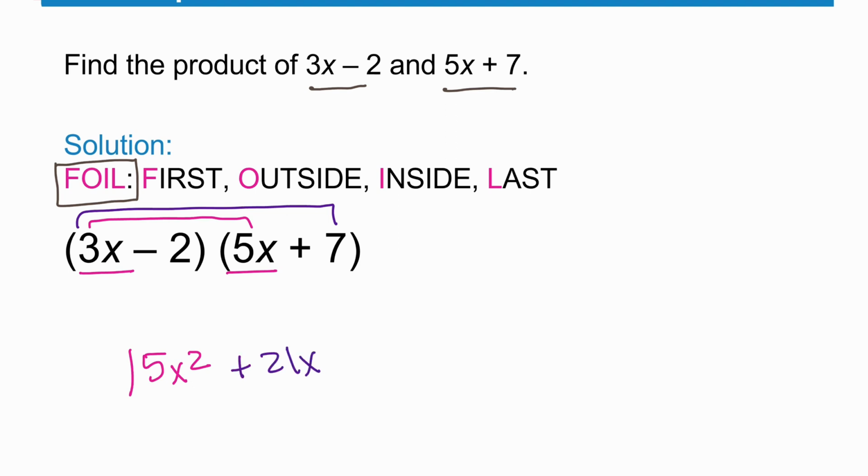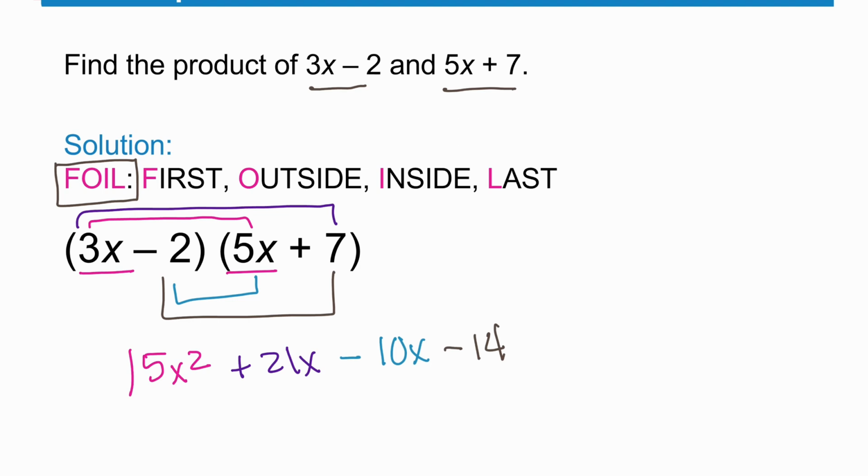And then the inside would be the negative 2 and the 5x, so negative 10x. And then the last would be the negative 2 and the positive 7 for negative 14.